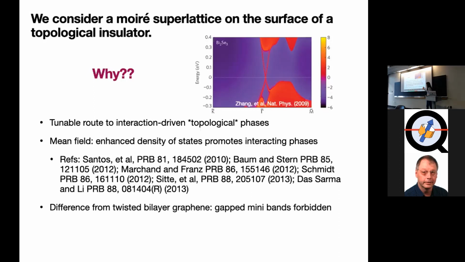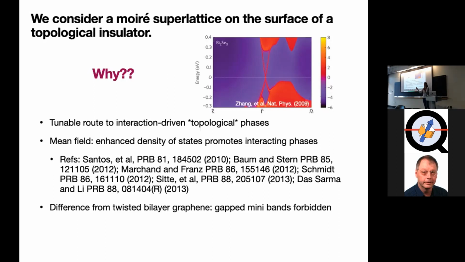There's a major difference from twisted bilayer graphene, which is that you can't get a gapped mini band. I showed earlier that in twisted bilayer graphene, the flat band is isolated from the conduction and valence bands. Here, you can never get that. We're not going to actually study any interacting instabilities. We're just going to look at the band structure. And as long as you don't break any symmetry, this Dirac cone has to connect the conduction and valence bands.